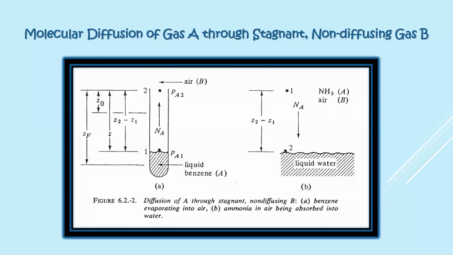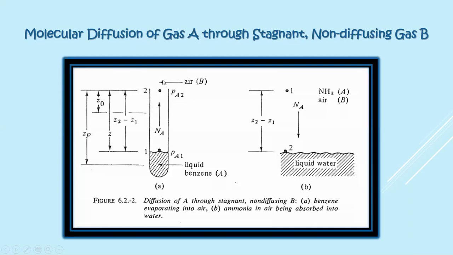Now, in the case of molecular diffusion of gas A through a non-diffusing gas B, which is said to be stagnant, meaning it's not moving. So you have here in letter A, your sample is your liquid benzene, and you have air here. So this is your stagnant non-diffusing gas.